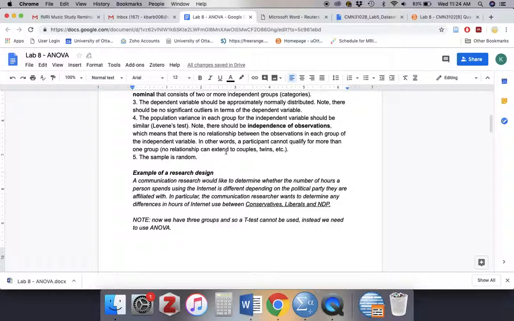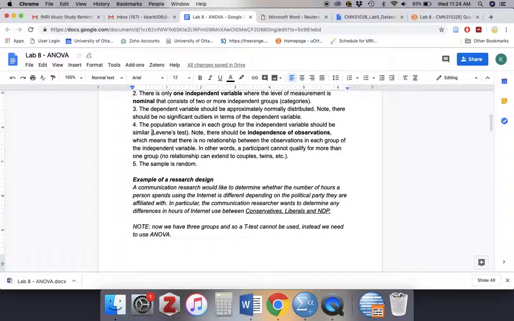For the purpose of this lab, we're not going to check this assumption, and we're just going to assume that everything is normally distributed. The other assumption, which is also an assumption for a t-test, is that the independent variables should also have equal variances across the different groups. Last time we checked this through the Levene's test of homogeneity of variance.